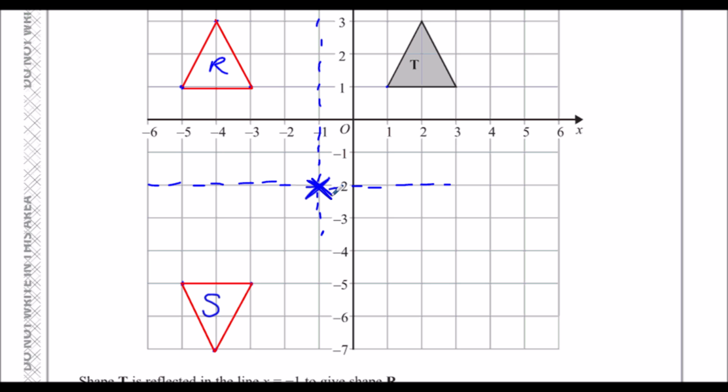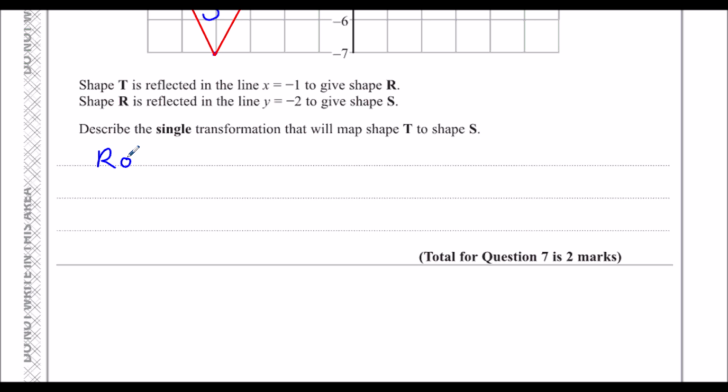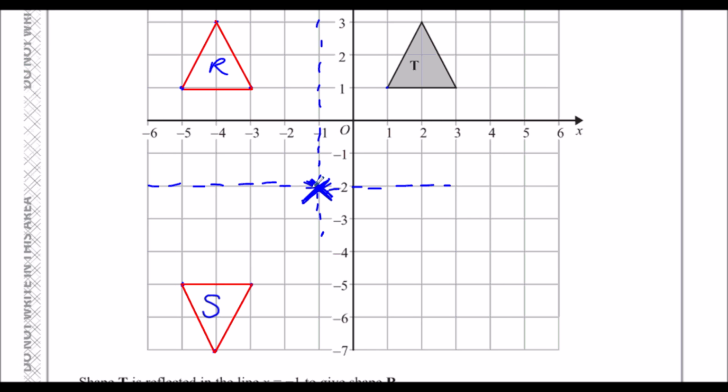So that will be a rotation of 180 degrees about -1, -2. If we held the tracing paper at this point and spun our shape around, we would get from T to S.